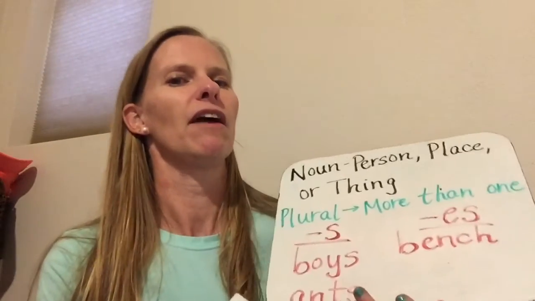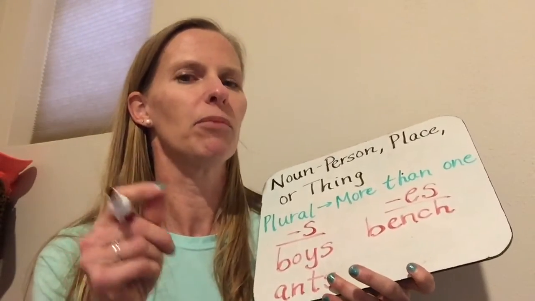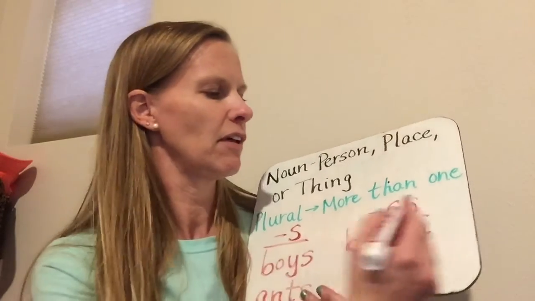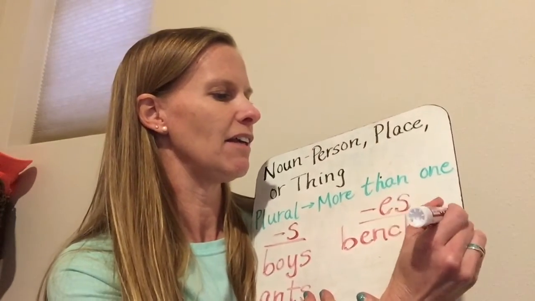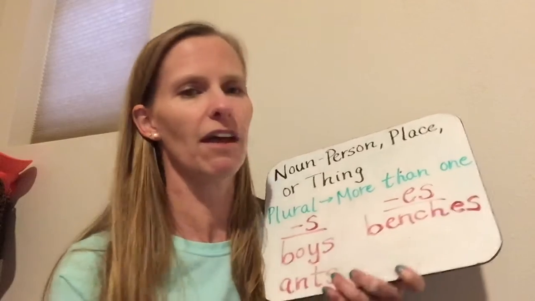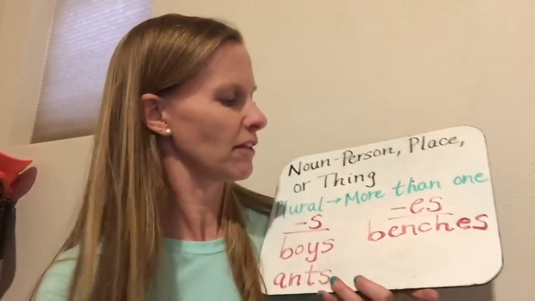If we make more than one bench into the word benches, how many syllables does benches have? Benches. There are two syllables. So whenever you find that making a noun plural adds a syllable, then you need to add ES to the end. Let's look at another example.